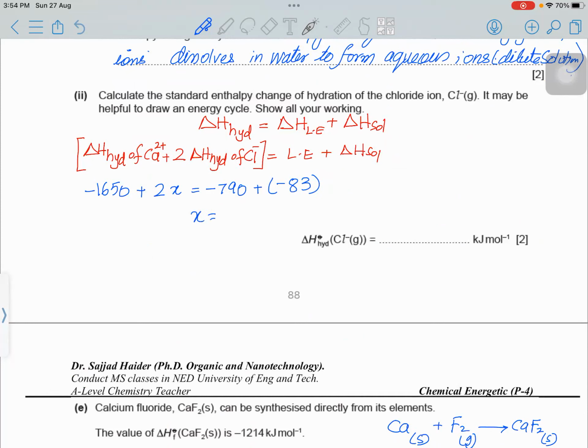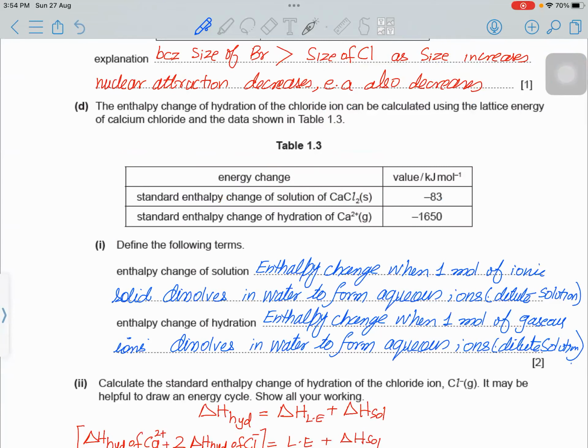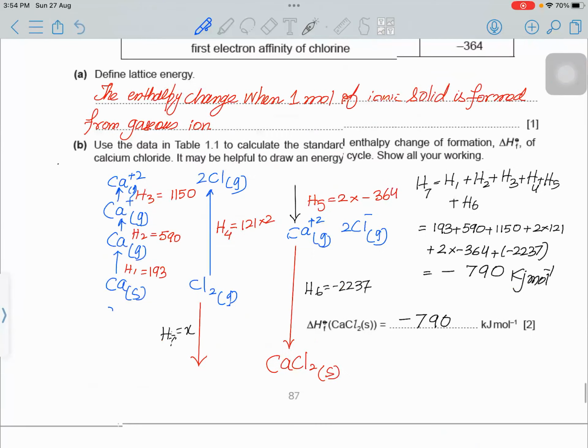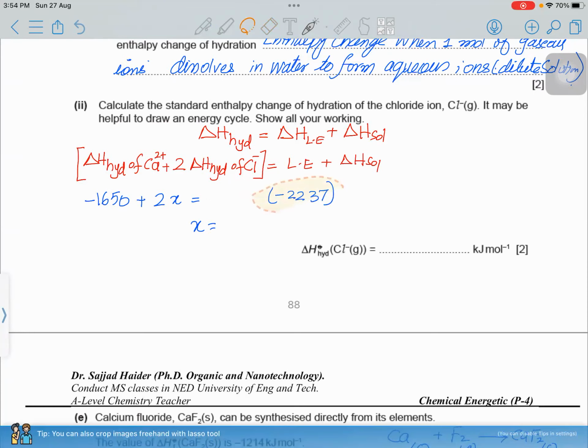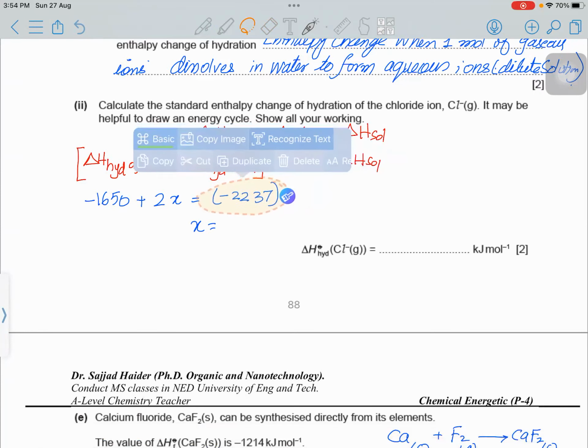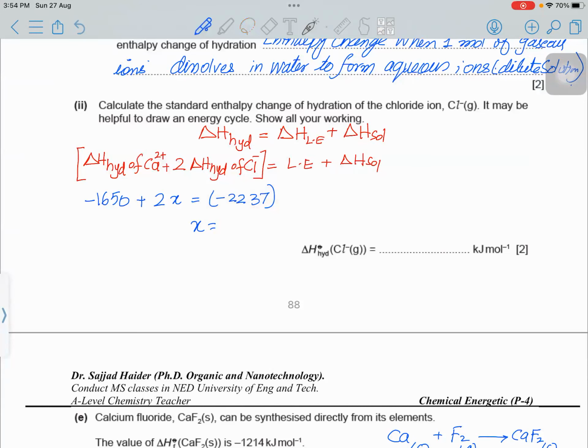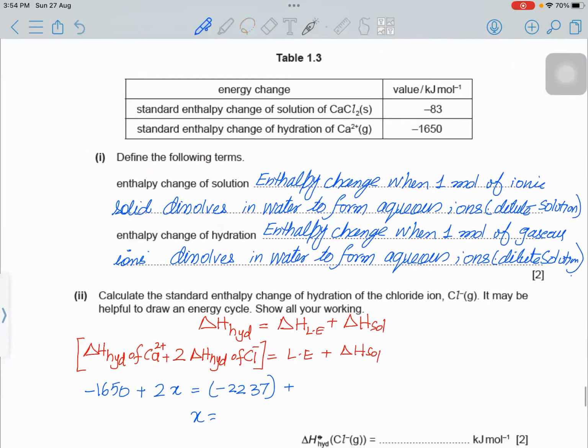Now, can you tell me the value of X? The lattice energy is minus 2237, sorry. And the solution is minus 83.